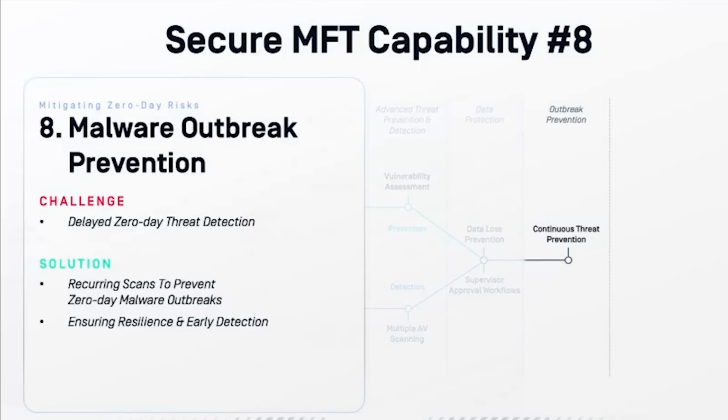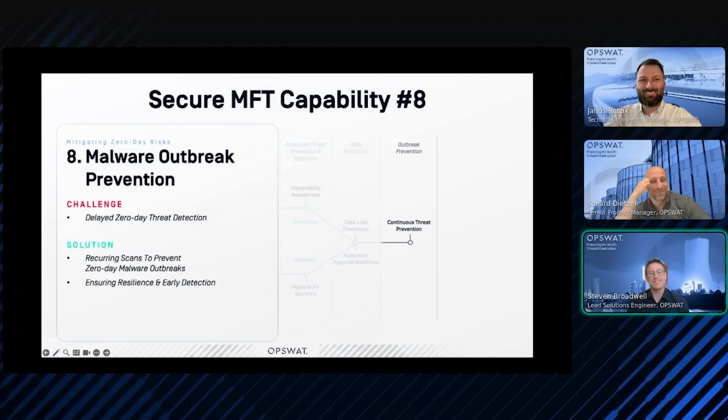So, number 8. For me, it's unknown threats and clean files can inevitably become known threats in a matter of hours, even minutes sometimes. And it takes that long for the detection to make it into signatures, into engines, into decision trees, things like that.